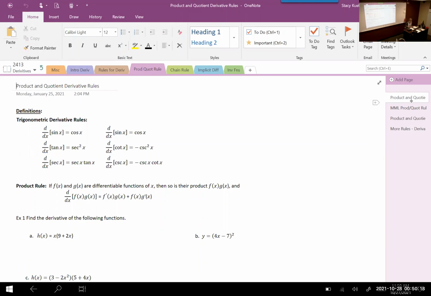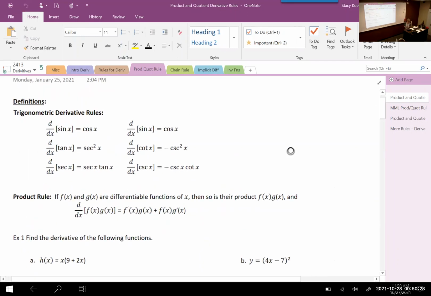Okay, so what we're going to do now is talk specifically about the product rule, but we also want to discuss the derivatives of the trig functions. Again, this is just memorization. The derivative of sine is cosine.